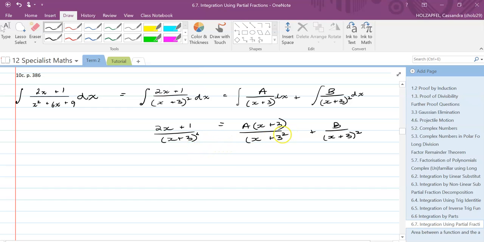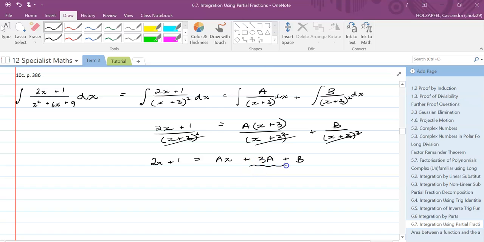And so now what we can do is multiply the entire equation by the denominator, and that is going to just let 2x plus 1 equal a(x plus 3) plus b. Let's not substitute in x is equal to -3 this time. Let's just straight up go ahead and expand that factor out so that we have 2x plus 1 is equal to ax plus 3a plus b.